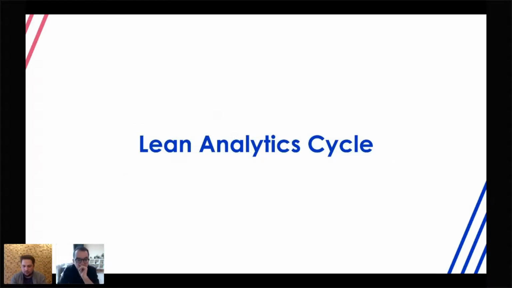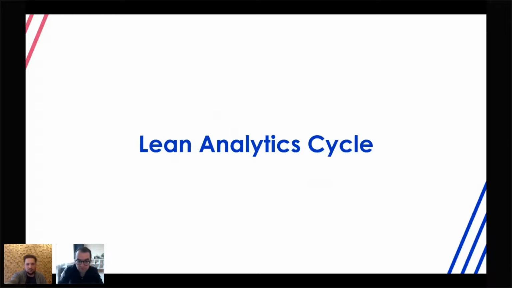Finally, the lean analytics cycle. The lean analytics cycle is a framework that we can use for doing these B2B experiments. And why am I talking about this and not about the growth process that we always use as growth marketers?